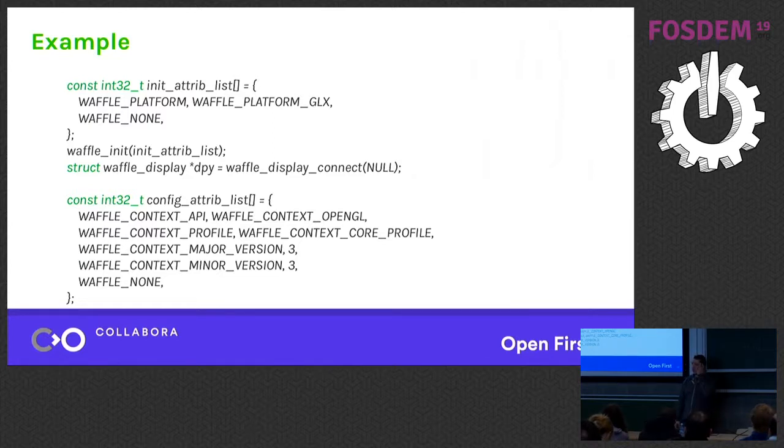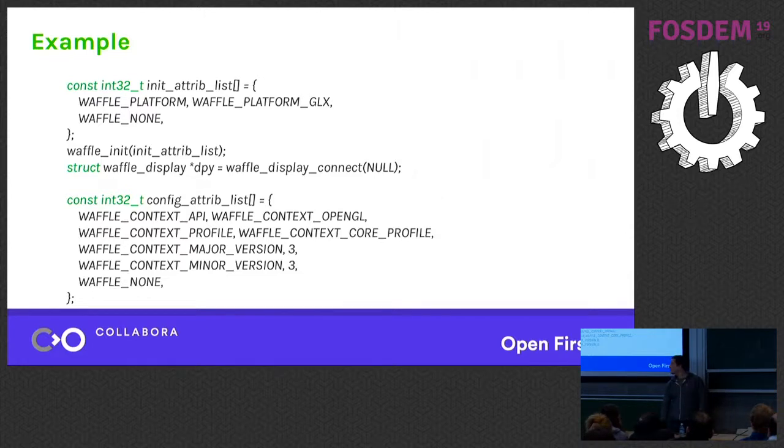If, for example, you know a specific display, you can give the name of that display, and it will try to connect to that. Then you will have a bit of attributes. And here I've chosen a core OpenGL profile, and a minimum version of 3.3. But on top of that, you can provide other details, such as I would like to have RGB 888 or a different format.